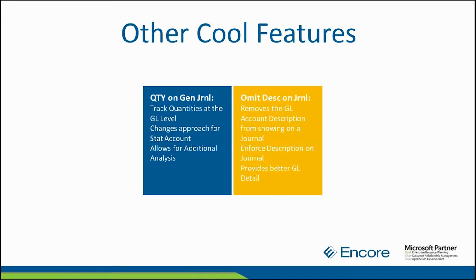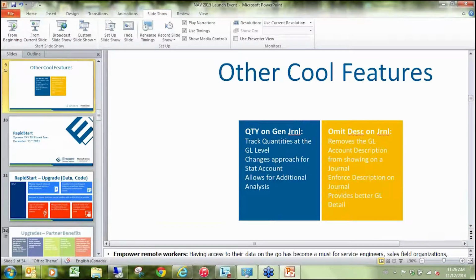So what we've done instead is enabled some ability on the GL account card to not have that value default, and then to make the description value on the journal mandatory, thereby forcing the user to enter in a description of what is actually happening in that particular journal. So let's see those two features really, really quickly.